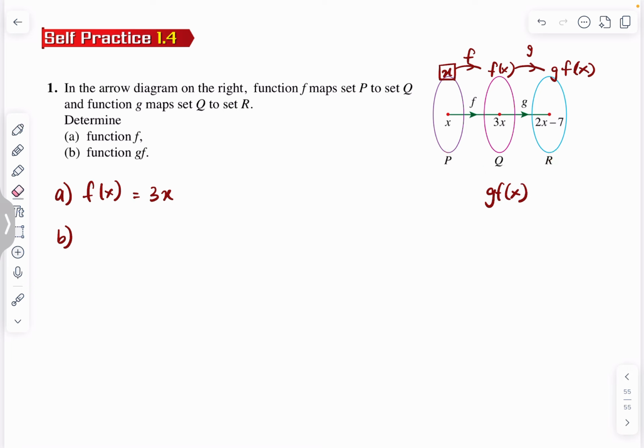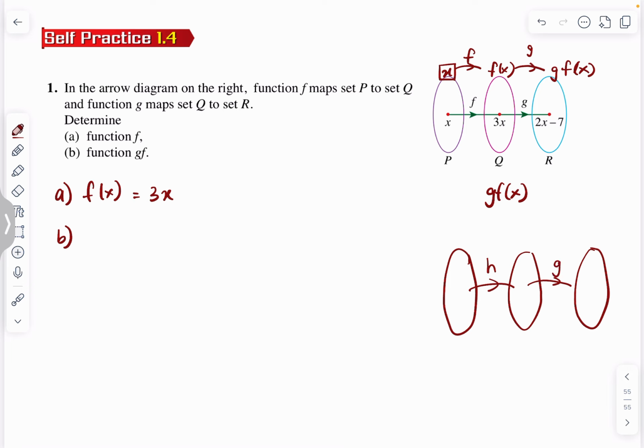So I'll give you a tip. Whenever you have a composite function like this, you must always write g first and then only f. So it will be gf(x), not fg(x). This is wrong. It's always like that. So if you have this is h and this is g, the function that relates this to this will be ghx, not hgx.